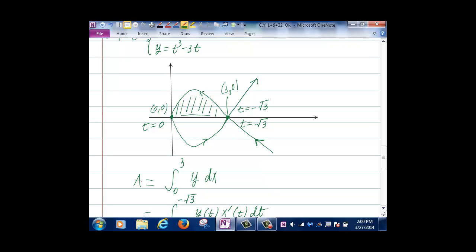Remember, x varies from a lower value to an upper value. So in this case also, x has to go from the lower value to the upper value, but I get the lower value at time 0. I get the upper value of x at time negative root 3. Does that make sense?